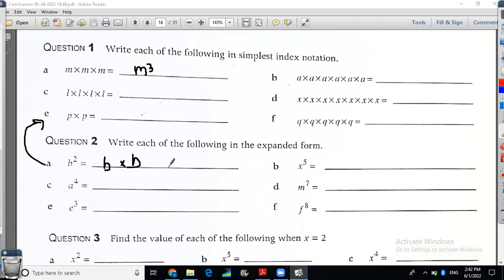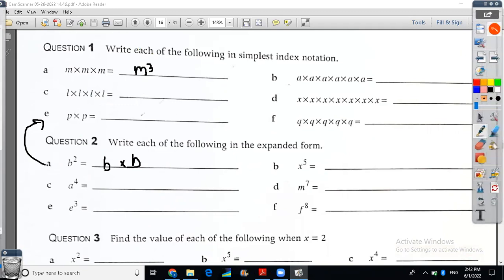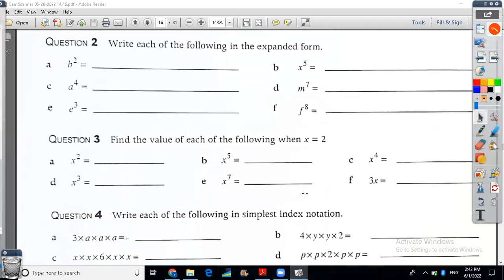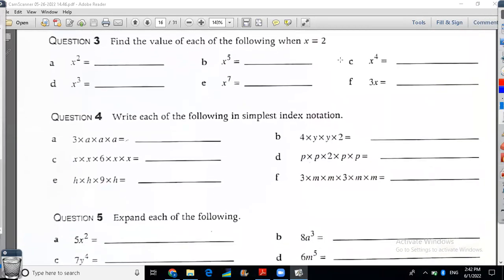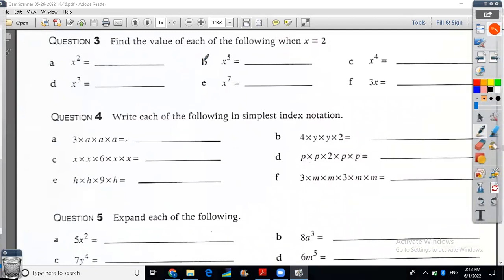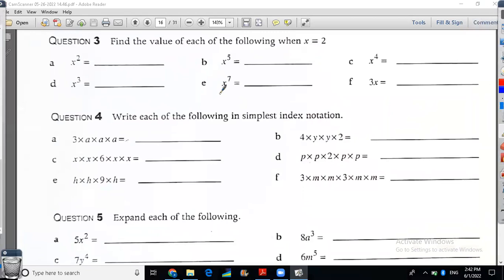You got it? Okay, so let's continue with the next questions. Here, find the value of each. If x is 2, that's substitution. We learned how to do it. Oh mister, oh my God, x to the power of 7. If x is 2, that means 2 to the power of 7? Yes. What is 2 to the power of 7, everyone? Can you say it loudly?